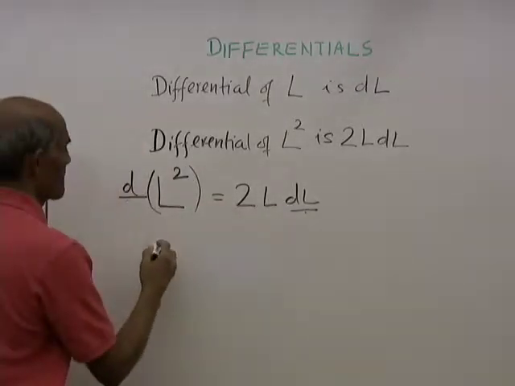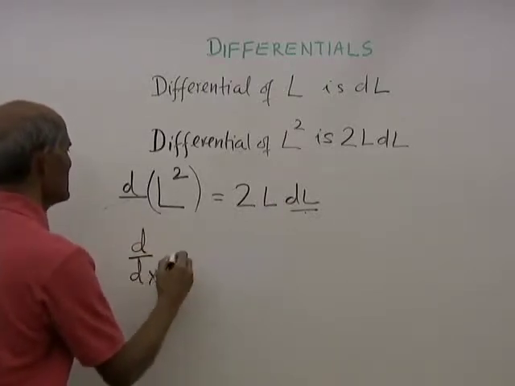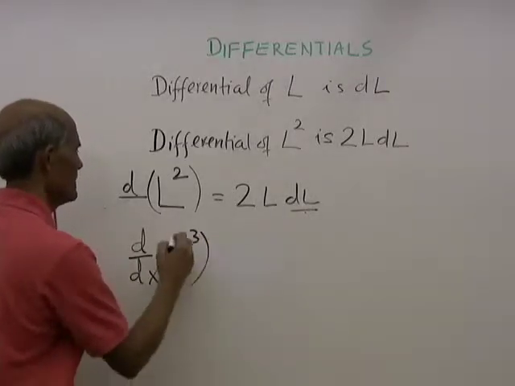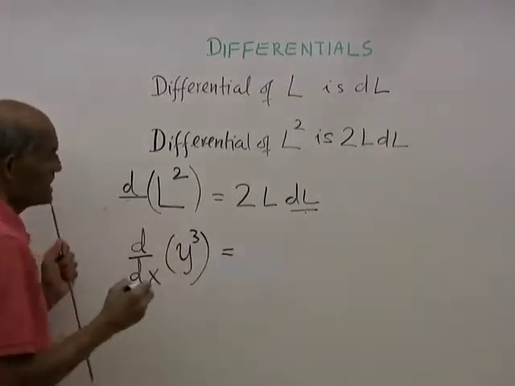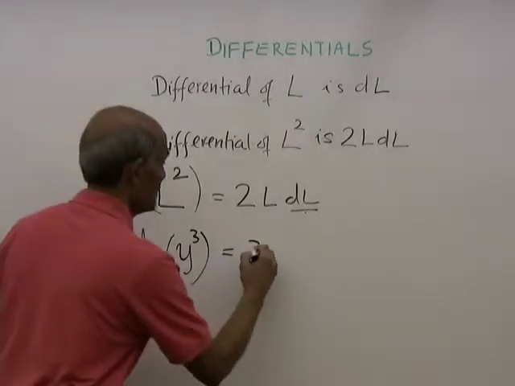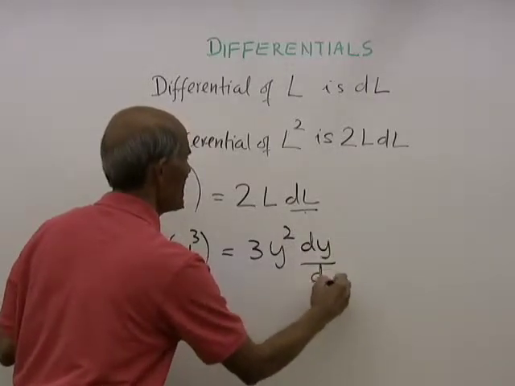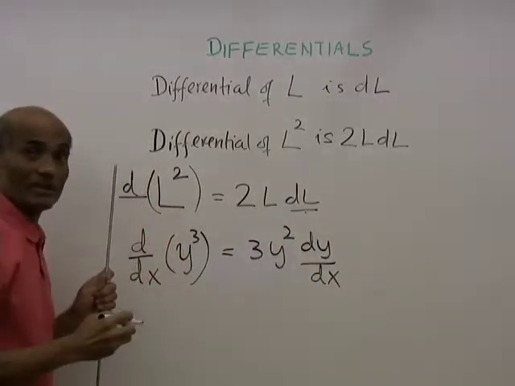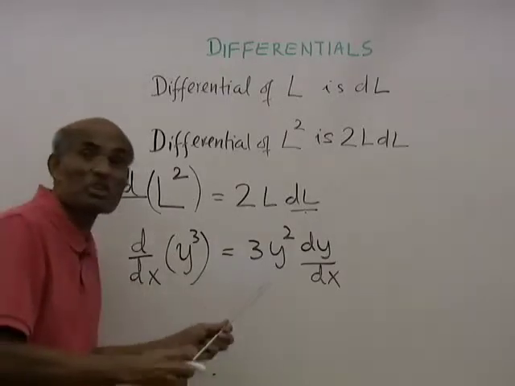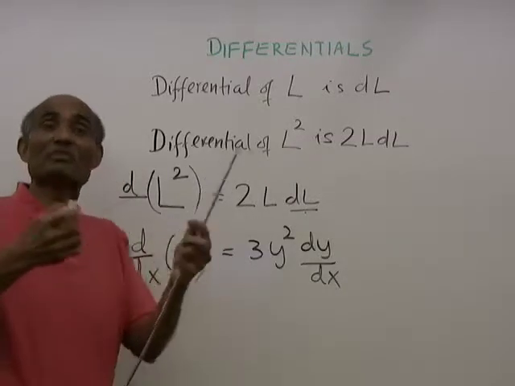Now tell me, the derivative d by dx of, let's say, y cube. How much is the derivative of y cubed with respect to x? It is 3y squared dy by dx. In finding the differentials, we are not finding the differential with respect to any other variable. We are simply finding the differential.